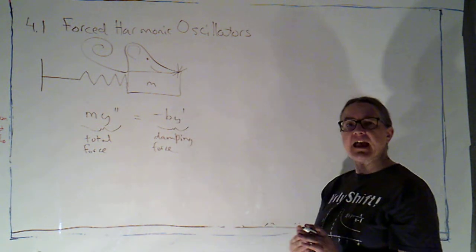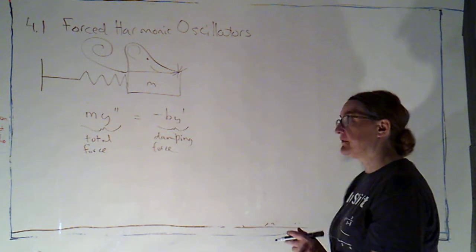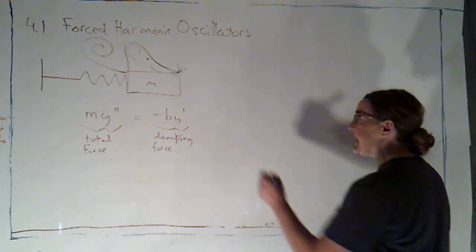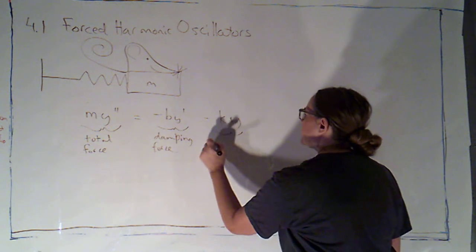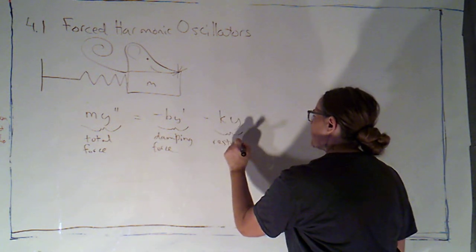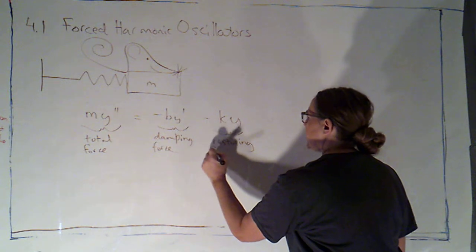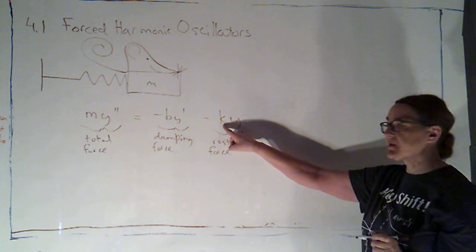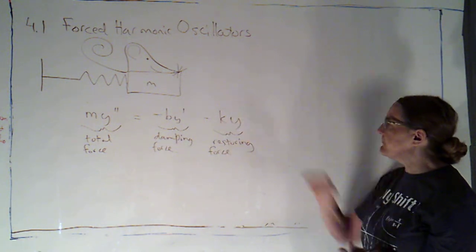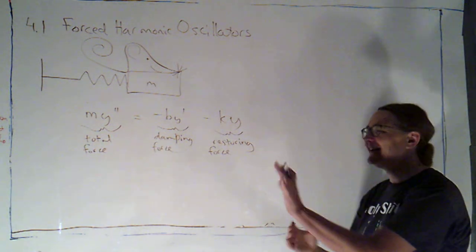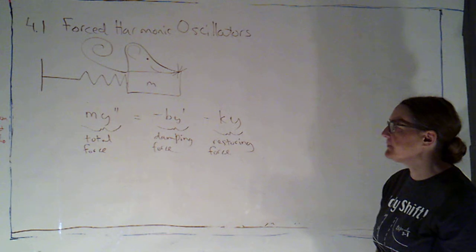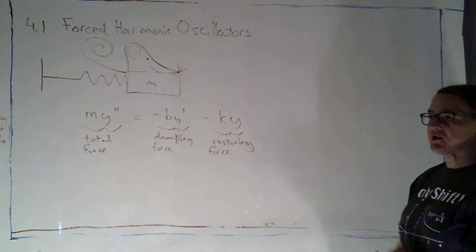The damping force acts in the direction opposite the velocity, so we have to introduce that negative sign. And then minus K times Y, this is the restoring force. So every spring comes with a spring constant K, which is positive, but the restoring force acts in the direction opposite the position because it's trying to put you back in the rest position. Okay. So this is what we started with.